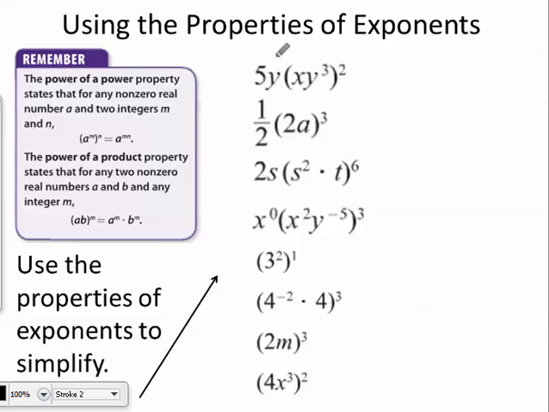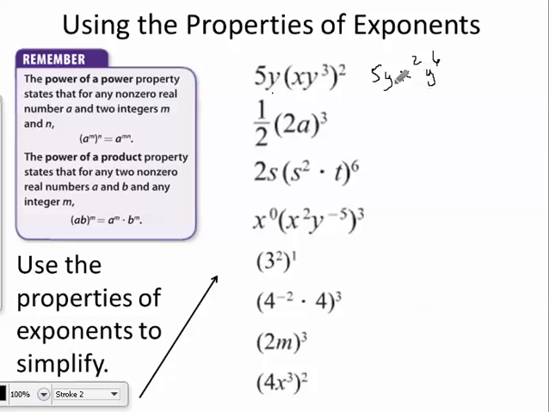I don't want to work all of these, but I do want to show you how these exponent rules work when we're doing things that are inside of a parenthesis raised to a power. Instead of adding, we're going to multiply. So right here I've got 5y times x squared y to the sixth.